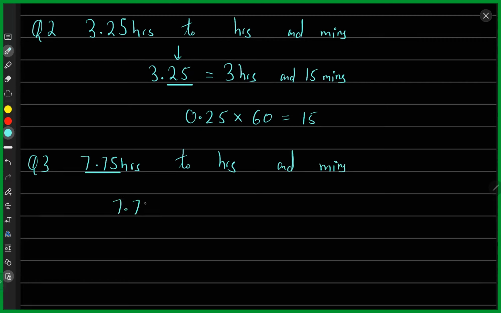Out of the 7.75 hours, I can write down 7 hours directly. And for this 0.75, I can just do 0.75 multiplied by 60, and the answer is going to be 45 minutes. Okay, so it would be 7 hours and 45 minutes.